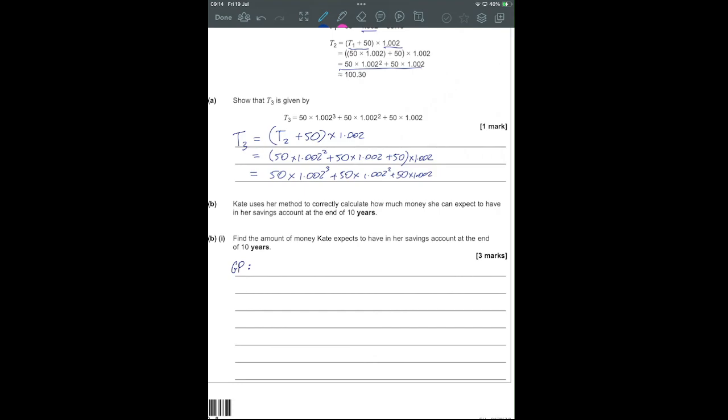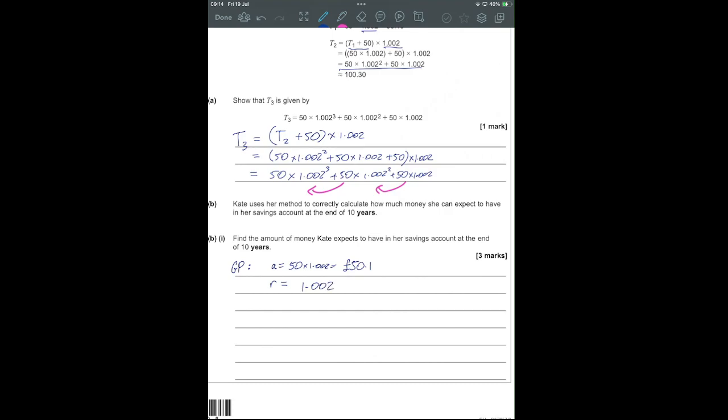So the first term of this geometric progression is going to be the 50 times 1.002, which is £50.10. And the r, what I'm multiplying by each time to get to my next term, is 1.002.